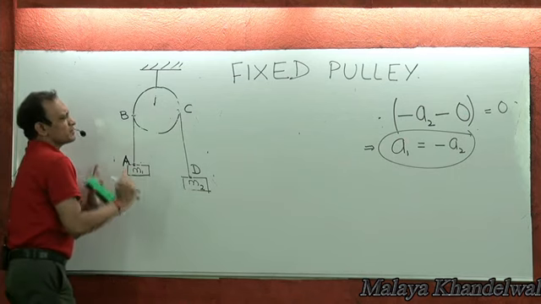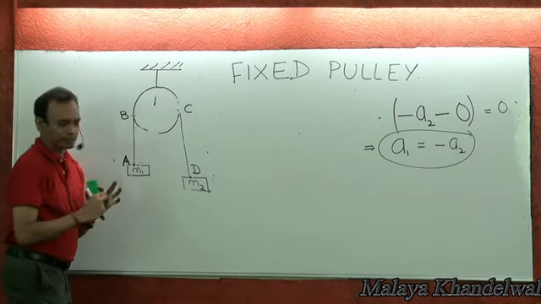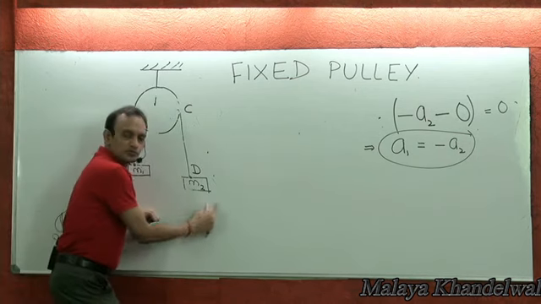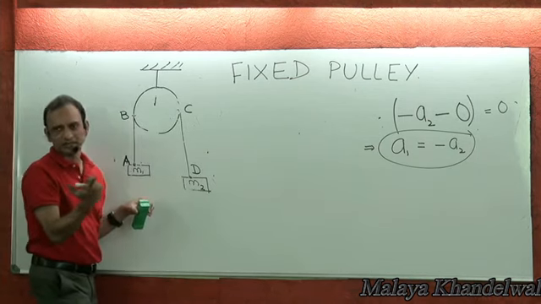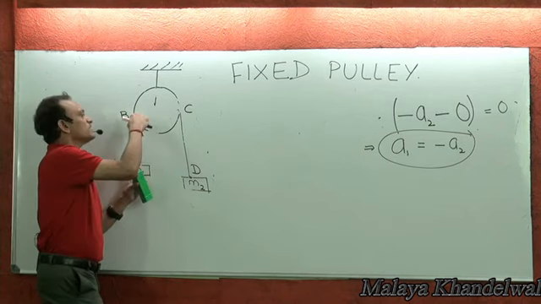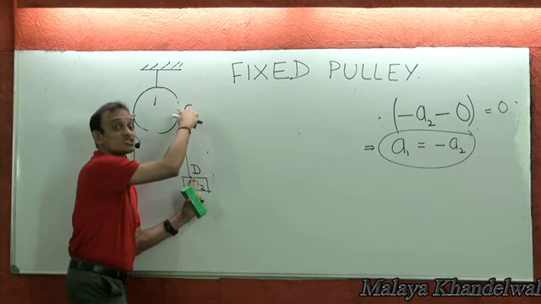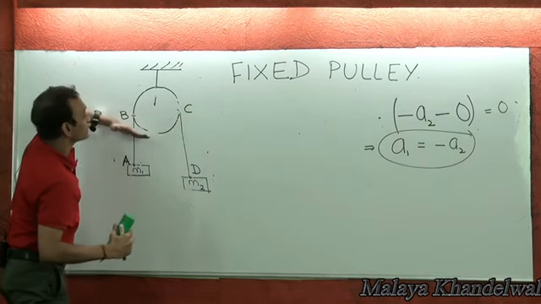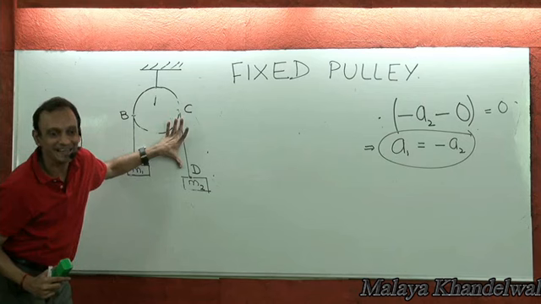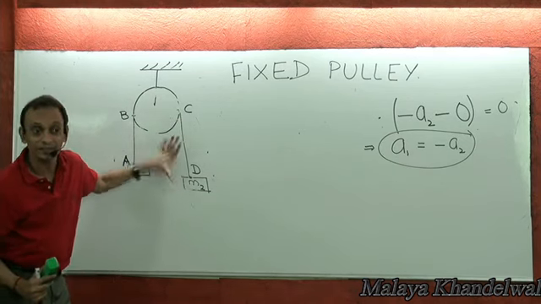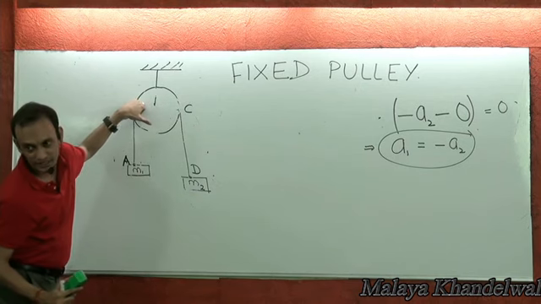In the sense, for sure, if this is a fixed pulley, and if this moves up by 1 centimeter, this must move down by 1 centimeter in a given time. Yes or no? See, because there is an interplay between this length of the string and this length of the string, any change here would be equally reflected in CD. If this decreases by 1 centimeter, this will increase by 1 centimeter if it's a fixed pulley, right?